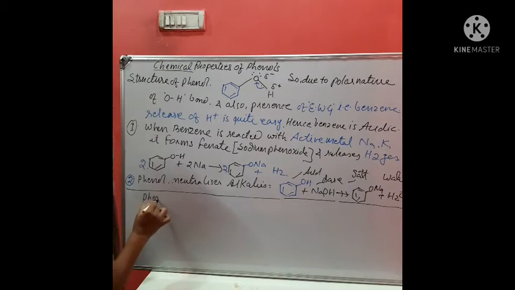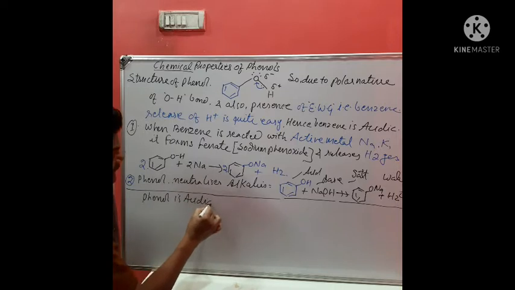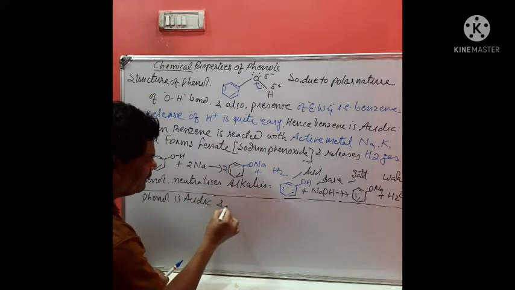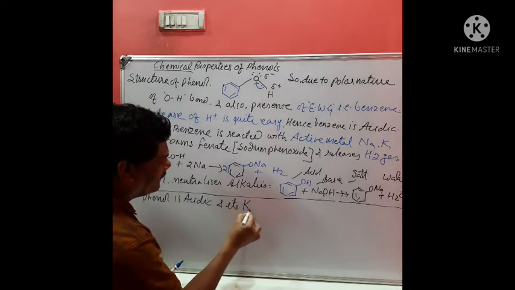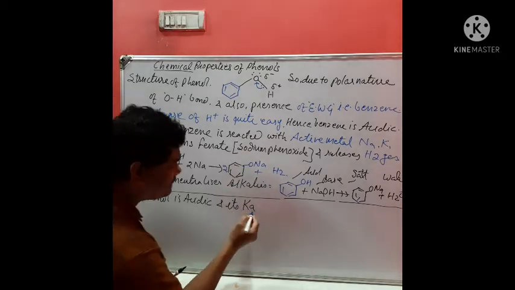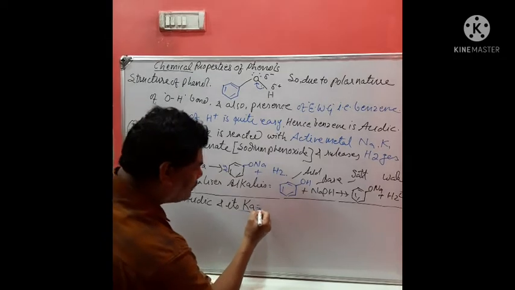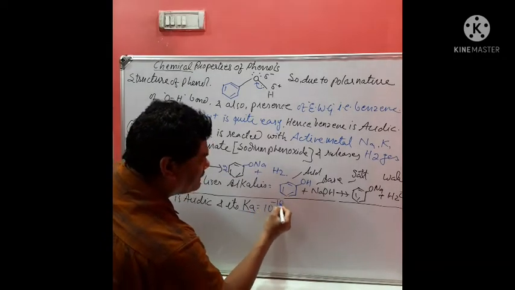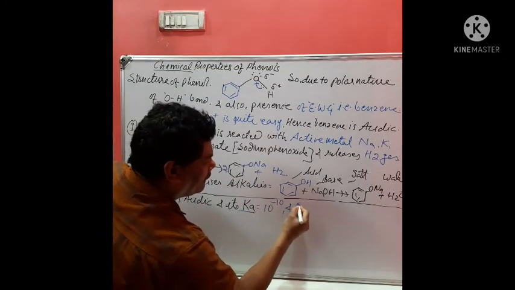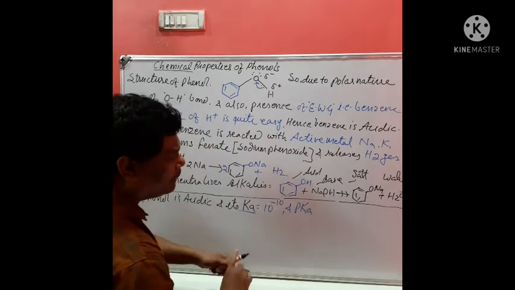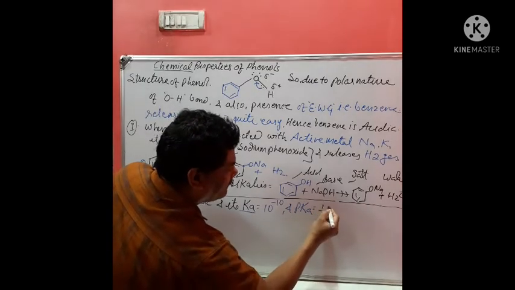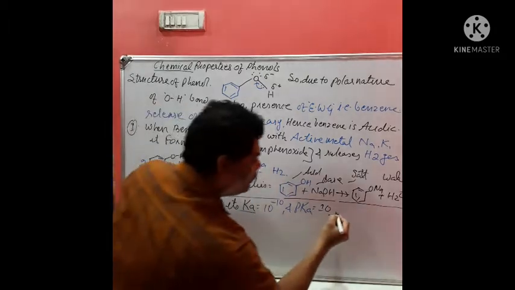Phenol is acidic and its Ka, that is the dissociation constant, value is 10 to the power minus 10, and the pKa value is 10.